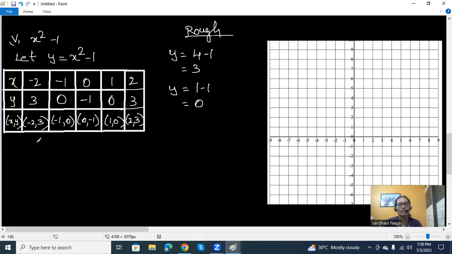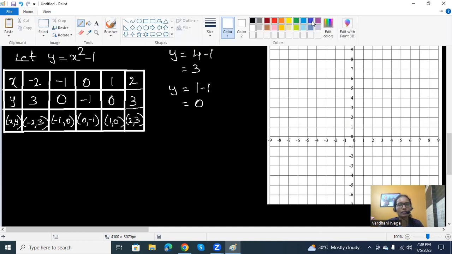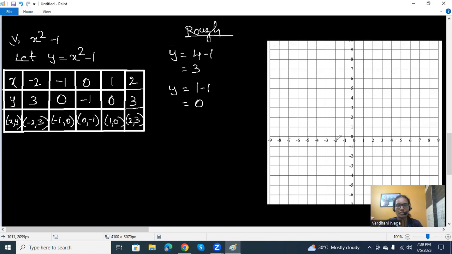Okay. So let's plot the graph for these 5 ordered pairs. Minus 2 on the x-axis, 3 on the y-axis. Minus 2 and 3. Next, minus 1 on the x-axis, 0. 0 comma minus 1. 0 here and minus 1 is here. 1 comma 0. 1 is here and 0 is here. 2 comma 3. 2 on the x-axis, 3 on the y-axis. So let's draw.